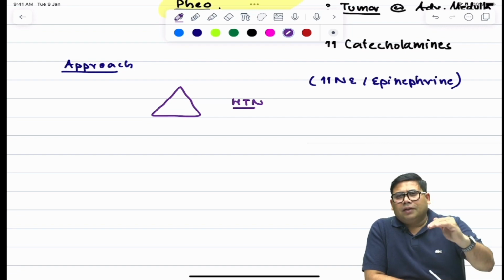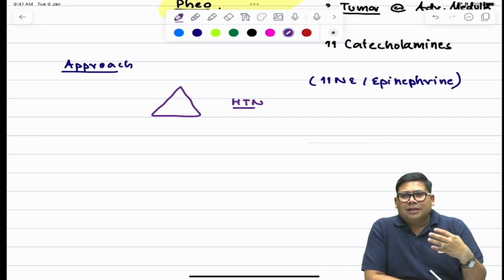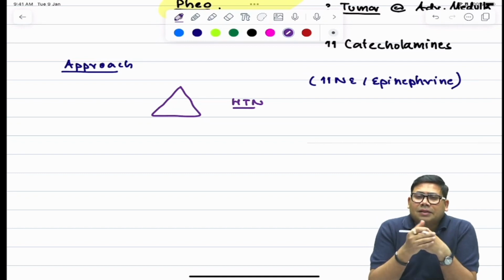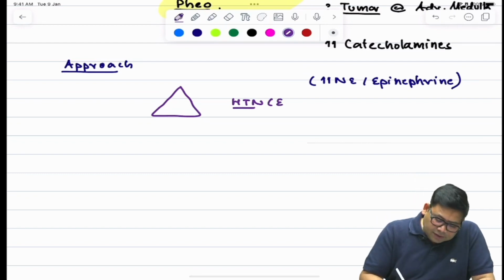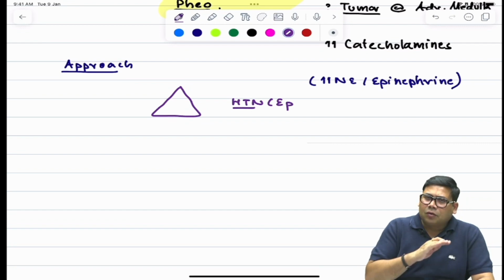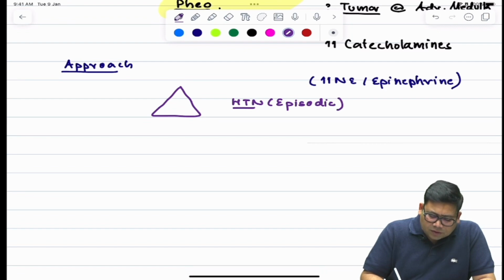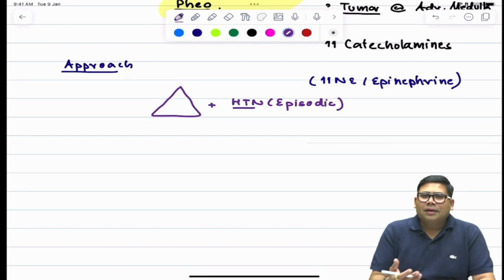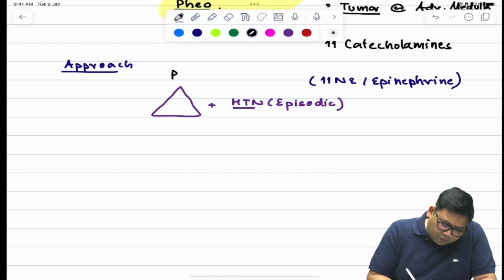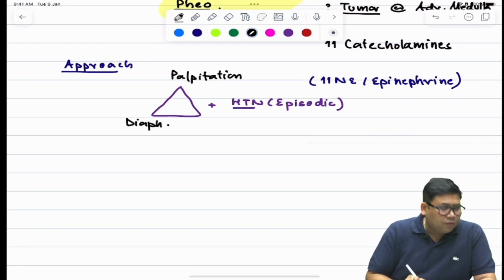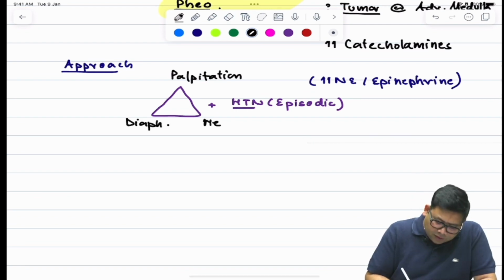Because whenever there is increased endocrine activity, there is release of hormone from this organ, there will be a surge, and that is why this is not always constantly seen. This is episodic, or you can say paroxysmal. Along with that, increase norepinephrine, increase epinephrine, more sympathetic stimulation, and therefore you have palpitations, you have diaphoresis. So palpitations, we have diaphoresis, and along with that you also have the headache.